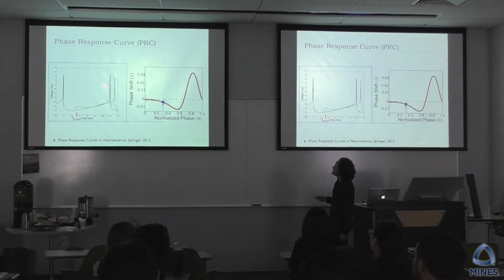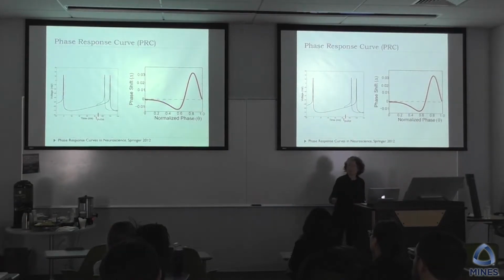In this case, the timing was delayed after the stimulus, the neuron fired at a later time, so we plot that as a negative phase shift. Some neurons show different effects depending on the timing. Here, with this neuron model, when the pulse arrives later in the cycle, the timing of firing is advanced, so we get this shape with positive phase advance later in the cycle.